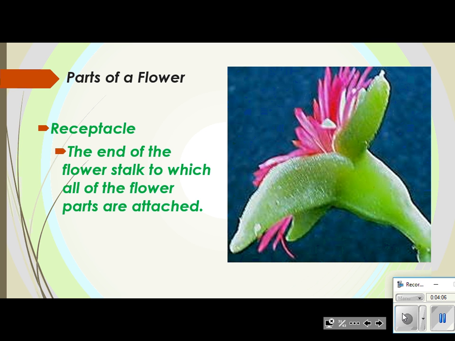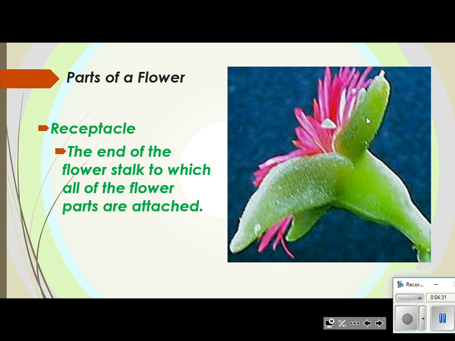By definition here, it says that the receptacle is the end of the flower stalk to which all of the flower parts are attached. So if we look at this little flower right here, here is the stem coming in, which is also referred to as the flower stalk, depending on whether it was more or one. But here's the stem.